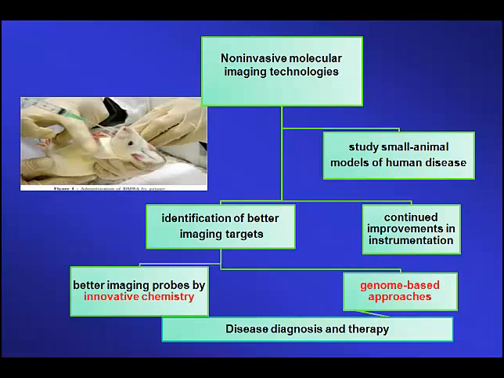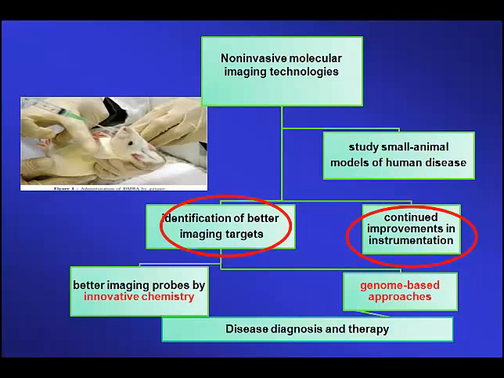Non-invasive molecular imaging technologies will allow researchers to study small animal models of human diseases.